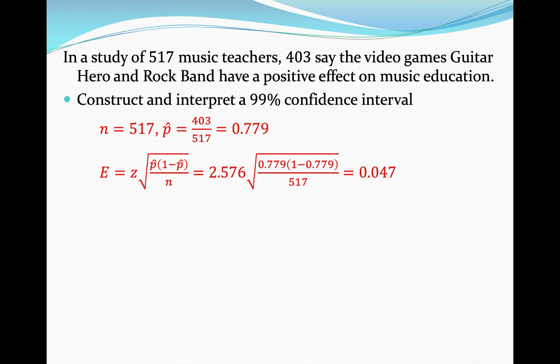And again, that comes from that list of values that I gave you back on an earlier slide. The standard error is that square root. So we take the square root for p hat, we plug in what we just calculated, 0.779, and then we plug in 517 for n. And then we crank through the math here.